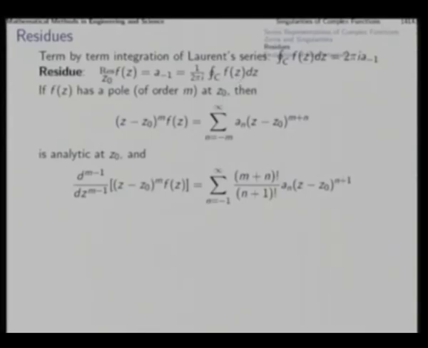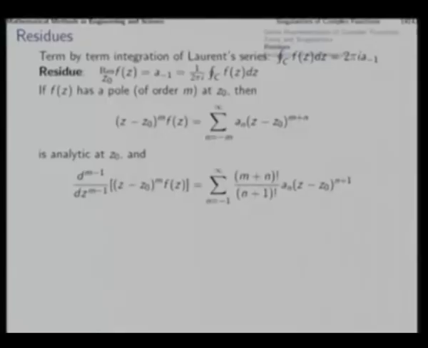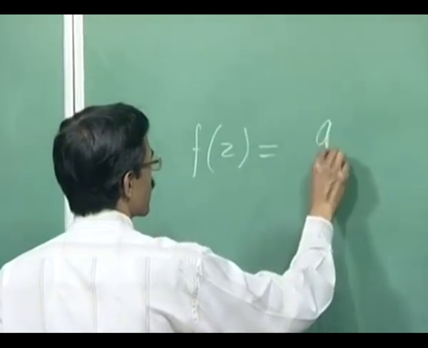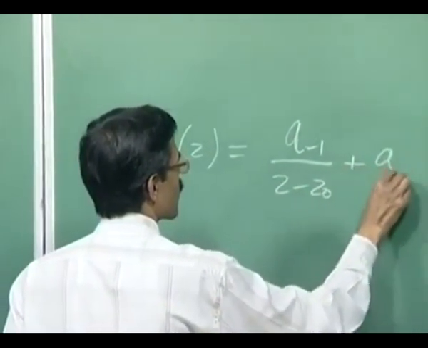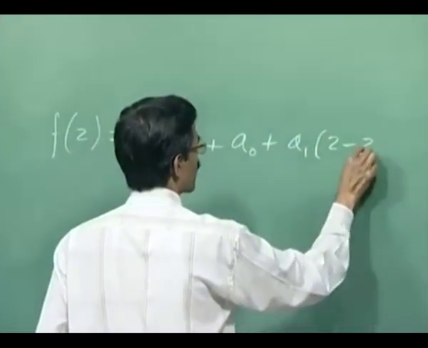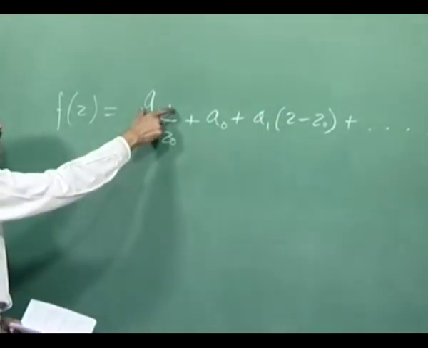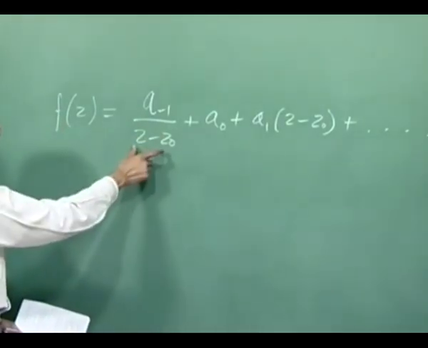Now, if the function f(z) at z0 has a pole, say a pole of order 1, then to work out the residue, you multiply it with z minus z0, and then this series, which is originally like this, if you want to evaluate the residue a minus 1, you multiply this entire series with z minus z0.